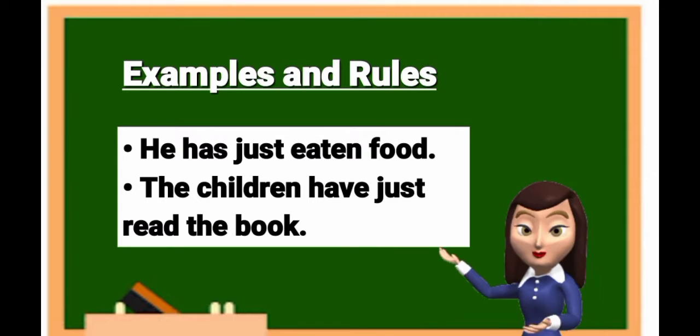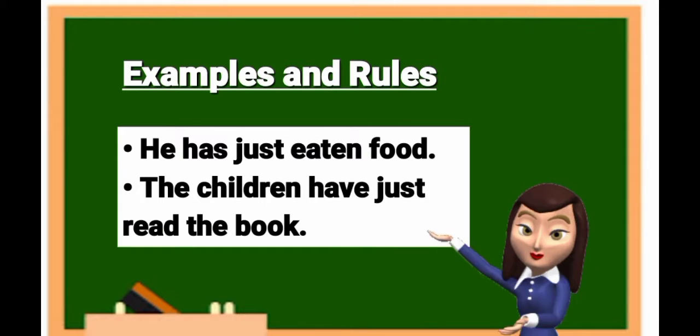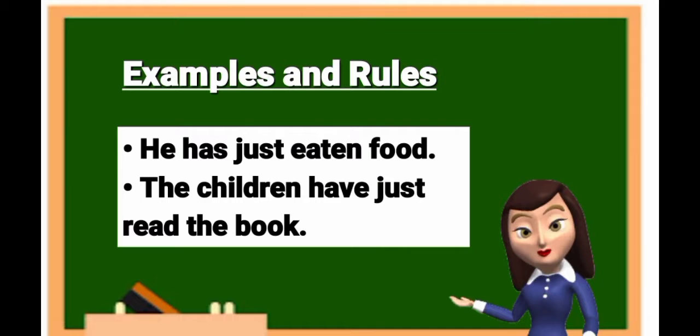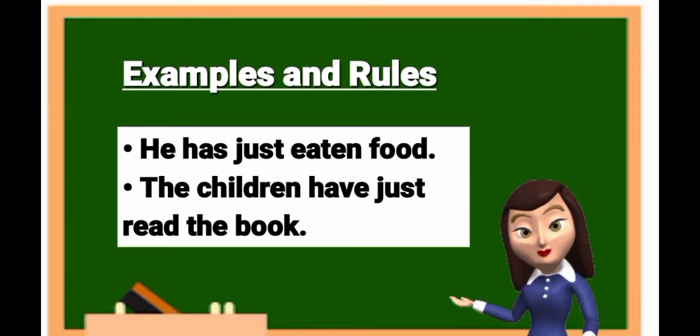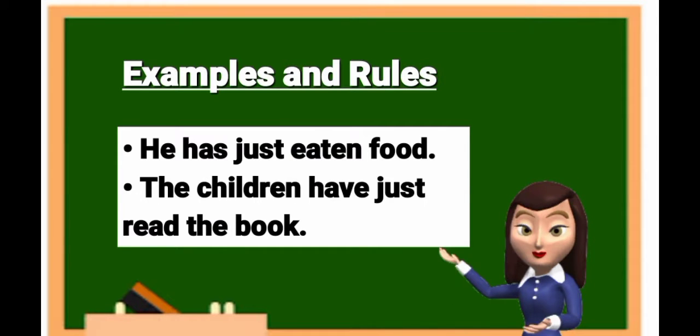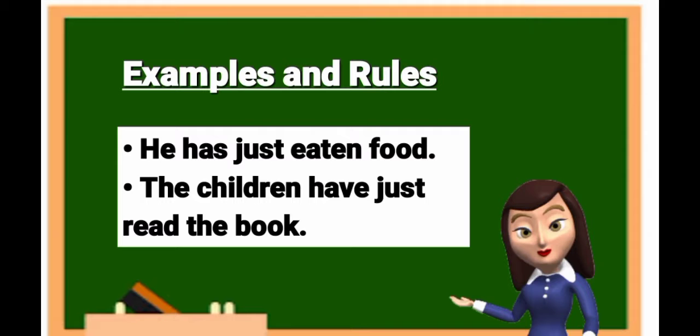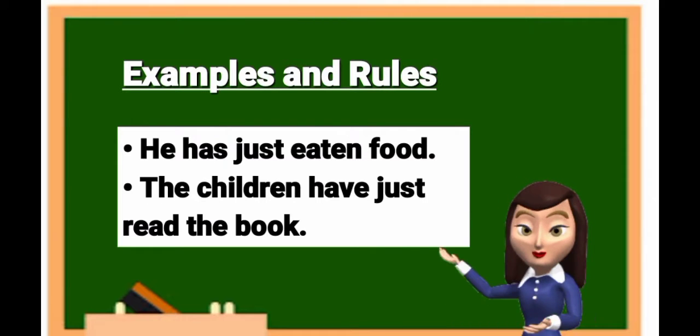So the same gyapon ni siya sa: the children have just read the book. So the children started reading the book in the past, which is finished by the time of speaking in the sentence. So for us to identify the rules of the sentence, here are the rules.